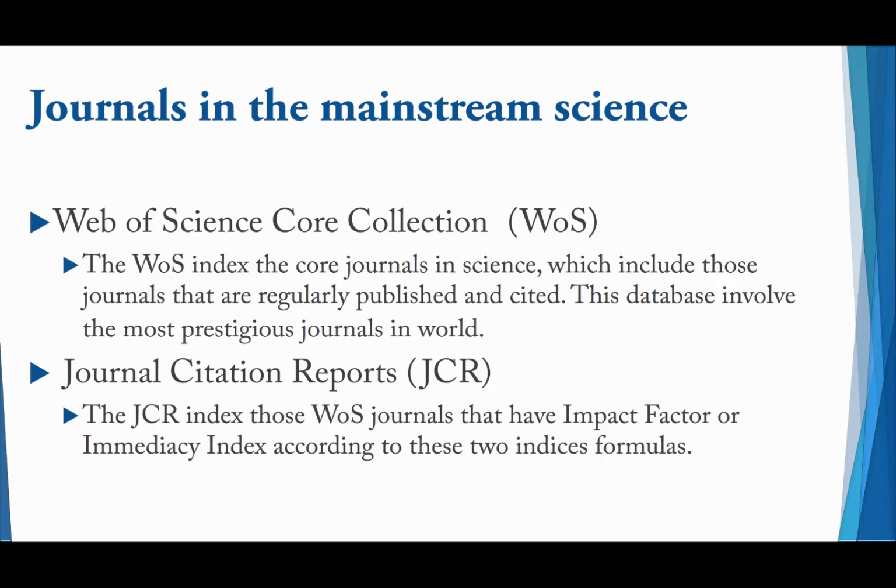This group of journals is regularly published and cited. They are the most prestigious journals in the world. The JCR only covers a subset of journals indexed in the Web of Science, which involves those journals that have an impact factor or immediacy index value.